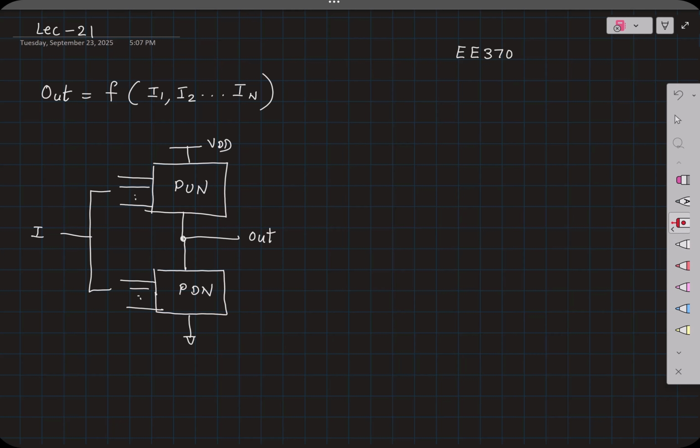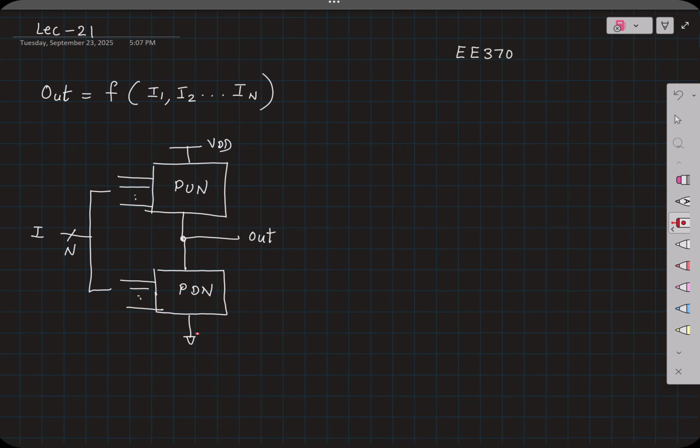So, based on what function is being implemented, whenever you feed in these n inputs to both pull up and pull down networks, at any given time under steady state conditions, we expect to see either the pull up network to be active, that means there is a path from VDD to the output, or you expect to see this path to be completely disabled and the pull down path is on, that is, there is a path from out to ground.